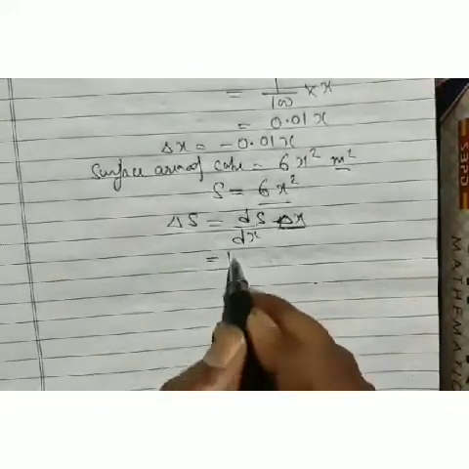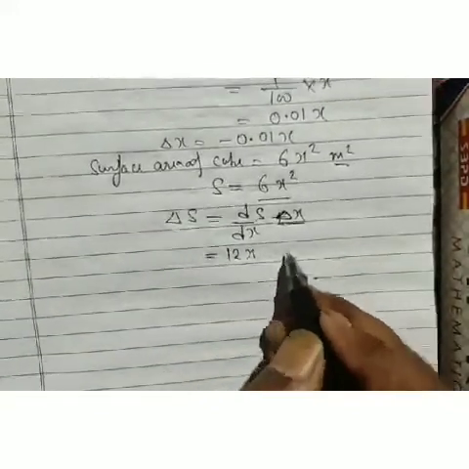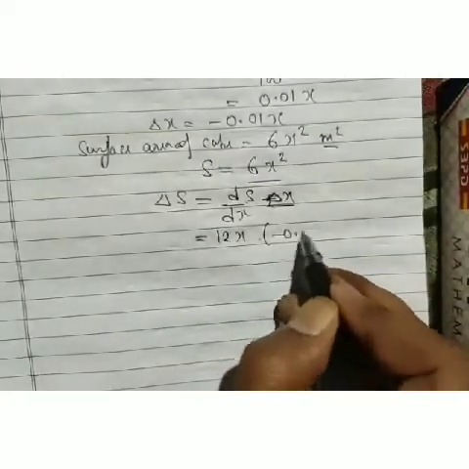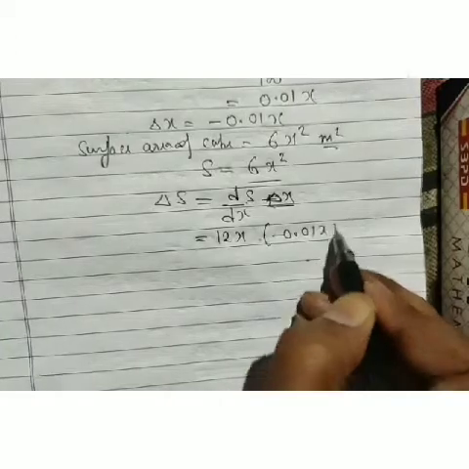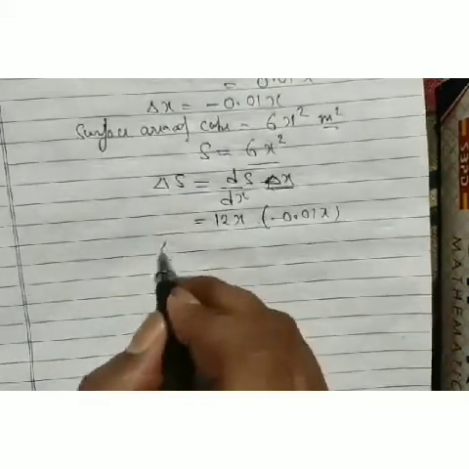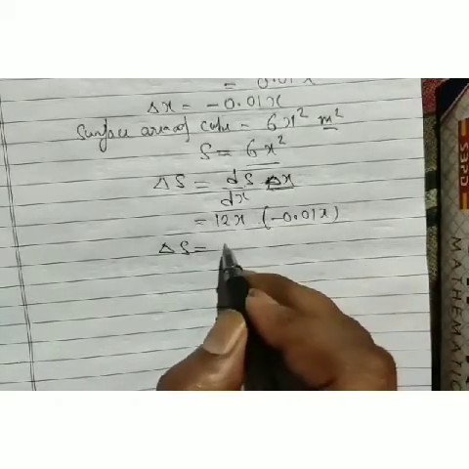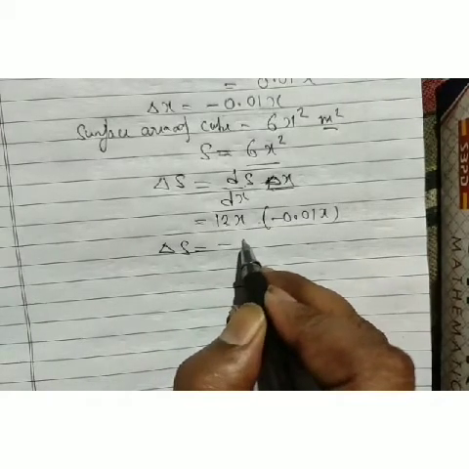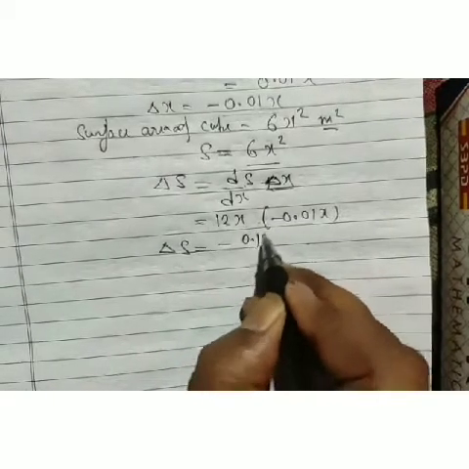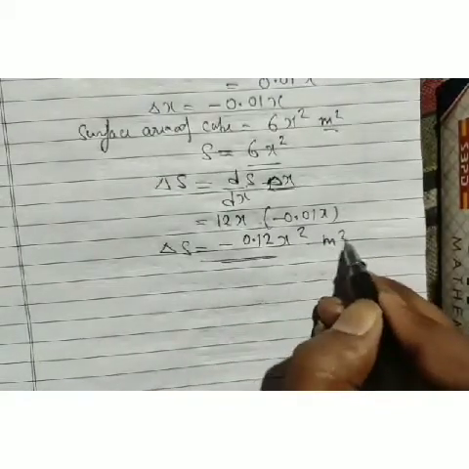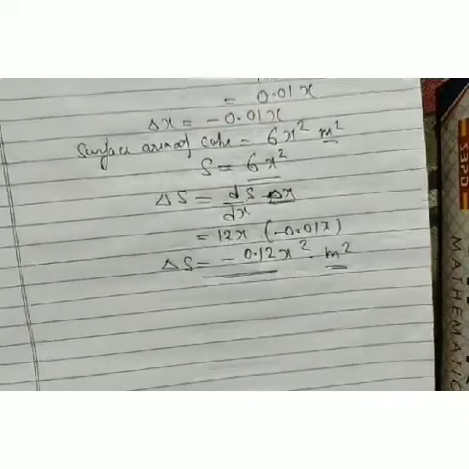We get here 12x, and the value of del x is minus 0.01 x. Then our change in surface area is given by minus 0.12 x square meter square. This is our change.